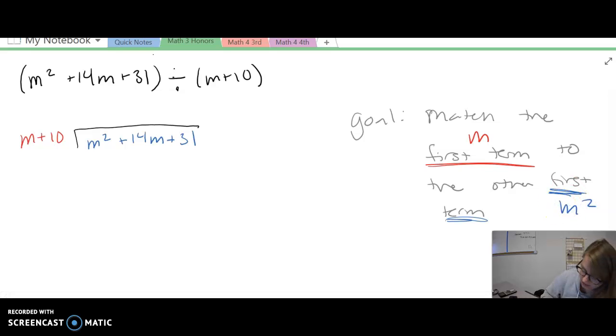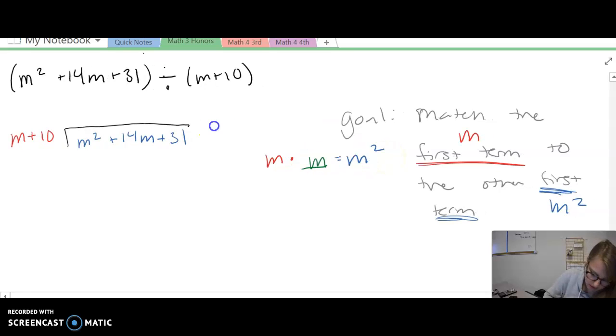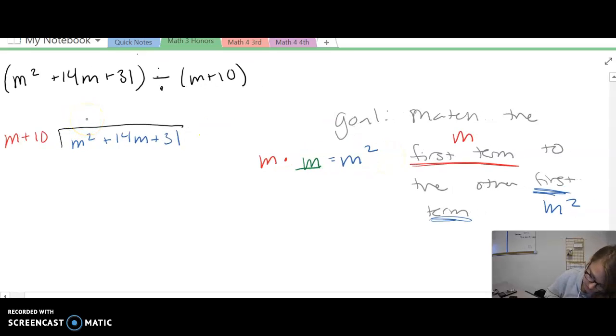So it's like we had m times what equals m squared. Well, m times m is going to give us m squared. So that's what we're going to have for our first part. So m times m equals m squared.